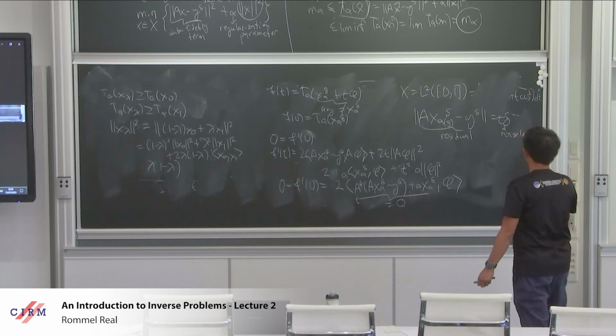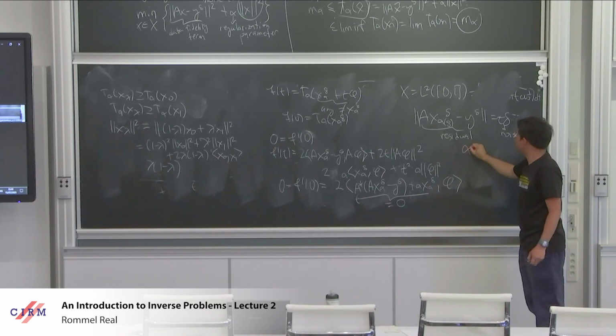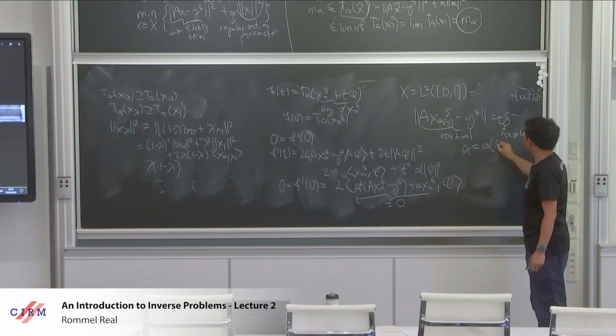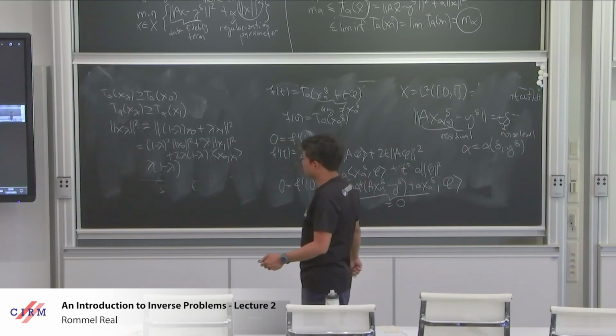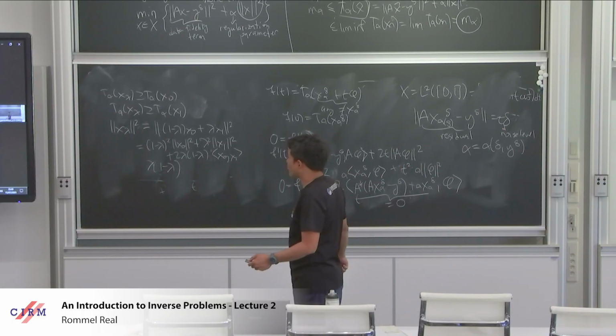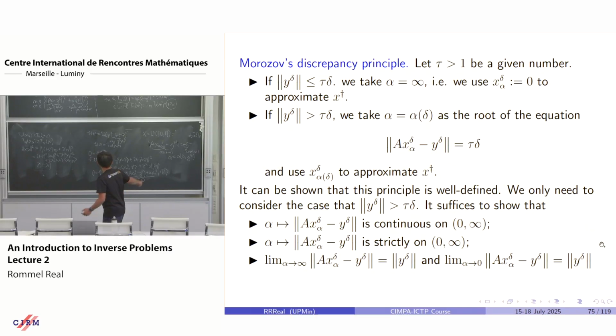Actually, if we want to be precise, it should be alpha of delta and y delta. It means the choice of alpha here depends on two things: the noise level and the noisy data.